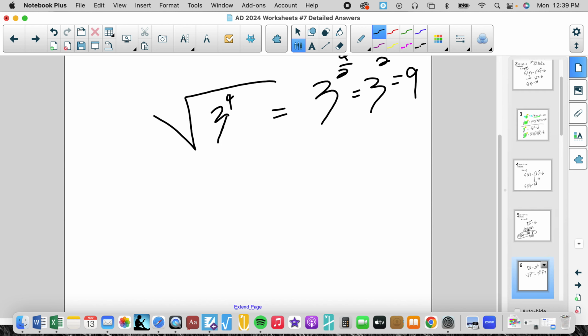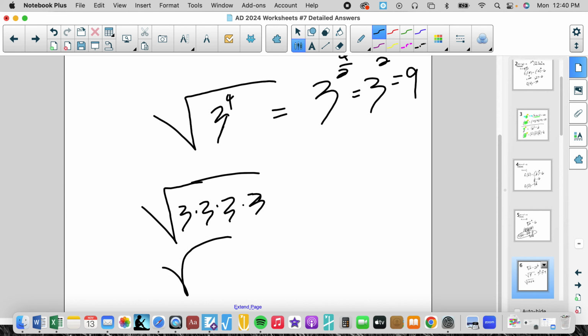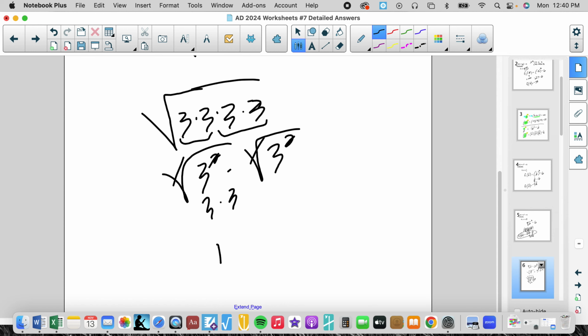If we have the square root of 3 times 3 times 3 times 3, we can do the square root of 3 squared times 3 squared, because we have 2 of those. And these cancel, cancel. You're left with 3 times 3, which is 9.